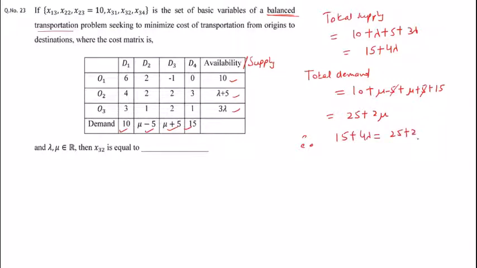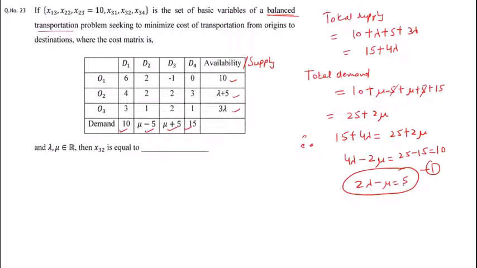Total supply should be equal to total demand. This gives me 4 lambda minus 2 mu is 25 minus 15, which is 10. Further simplifies to this equation. So this is one relation I got by using the information balanced transportation problem, right, between lambda and mu.